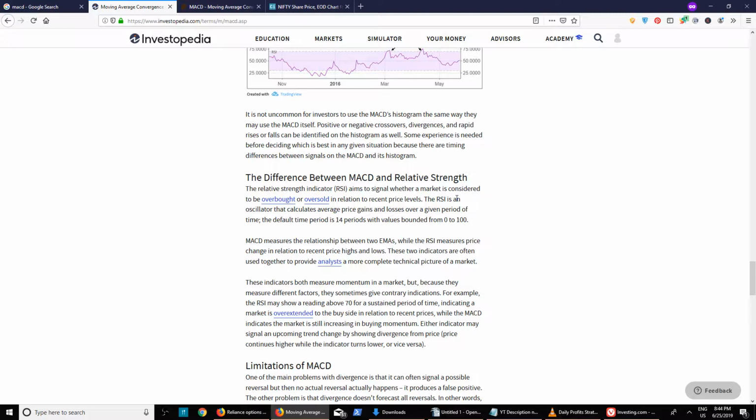The default time period for RSI is 14 periods with values bounded from 0 to 100. MACD measures the relationship between two exponential moving averages, 12 and 26, and then 9 from which the signal line is calculated, while the RSI measures price change in relation to the recent price highs and lows.